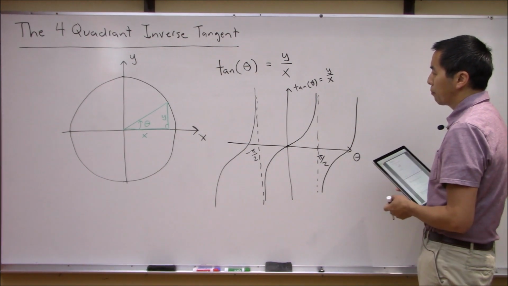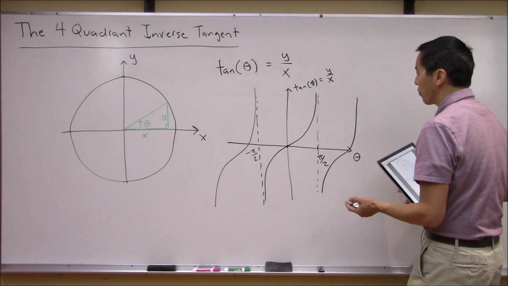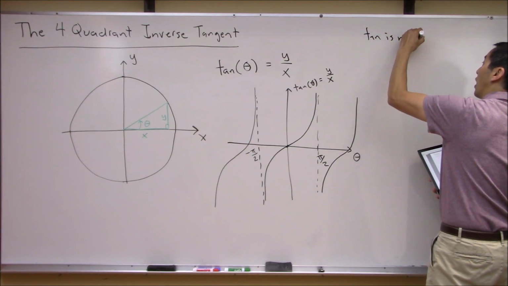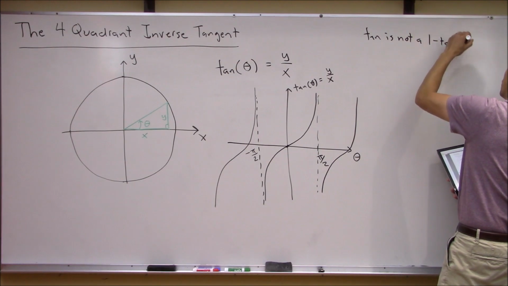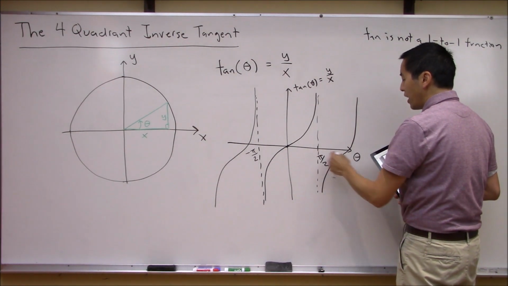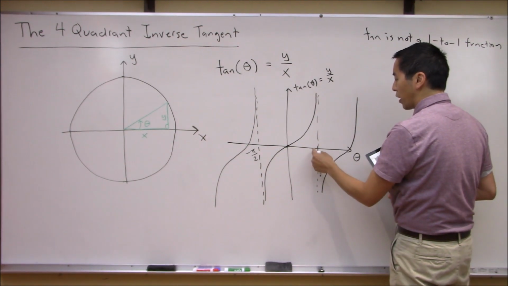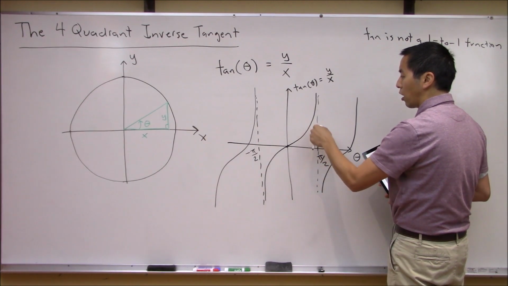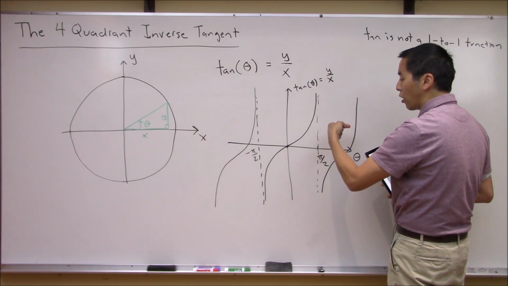Now, by looking at this plot, what's interesting is that tangent is not a one-to-one function. For any input theta, yes, there is an output, but that's not the same in the other direction.